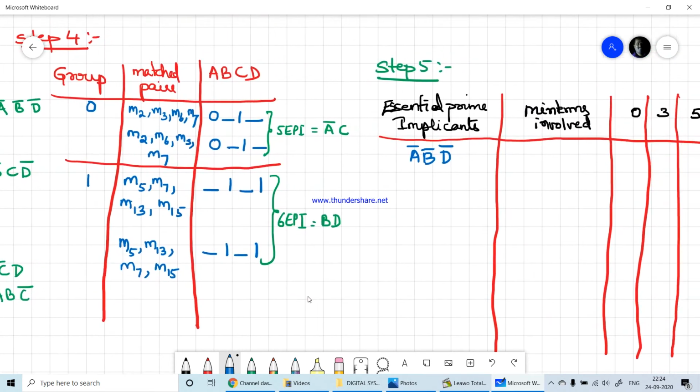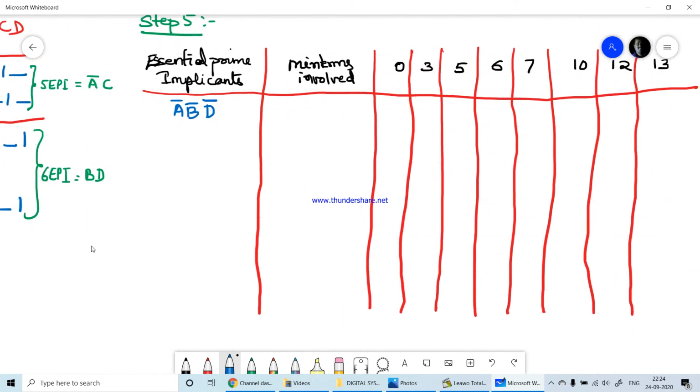Then it is B bar, C, D bar. The next one is A, C bar, D. Then A, B, C bar.